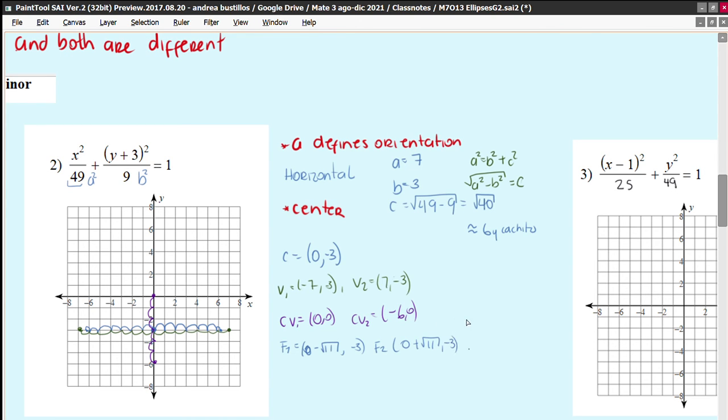In other words, these are just the square root of 40, comma minus 3, and minus the square root of 40, comma minus 3. So given that, I can already graph my ellipse. This is going to look something like this. It has to pass through the vertices and the co-vertices, and that's it. Lastly, the major axis.